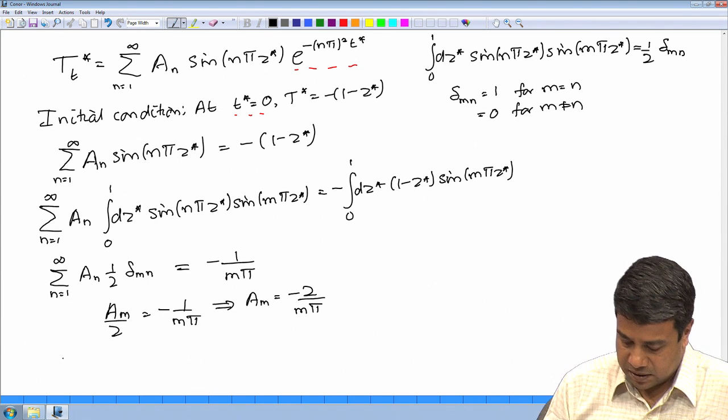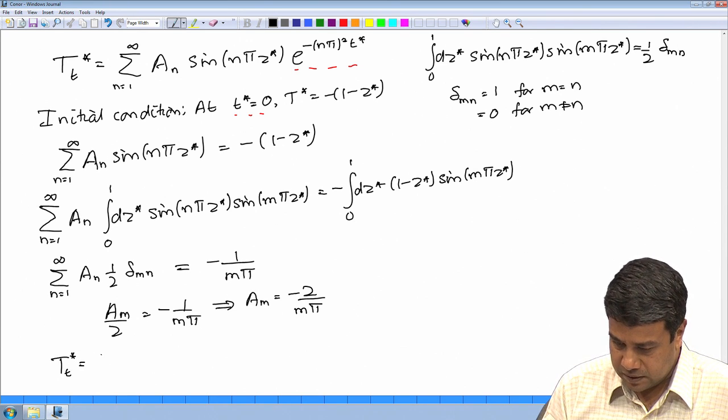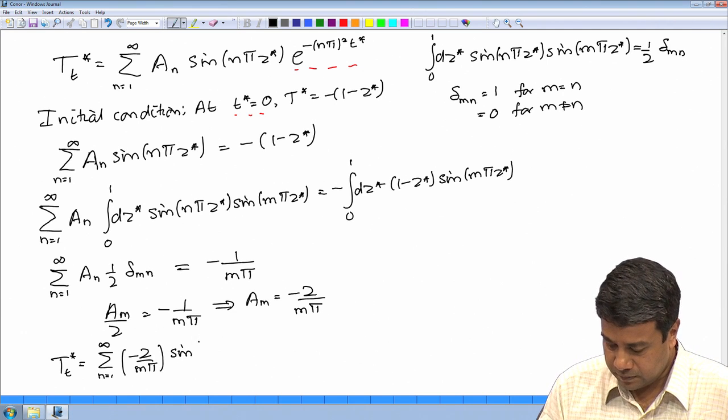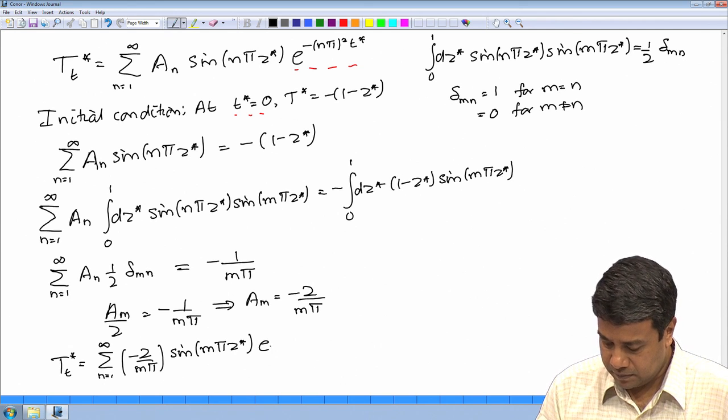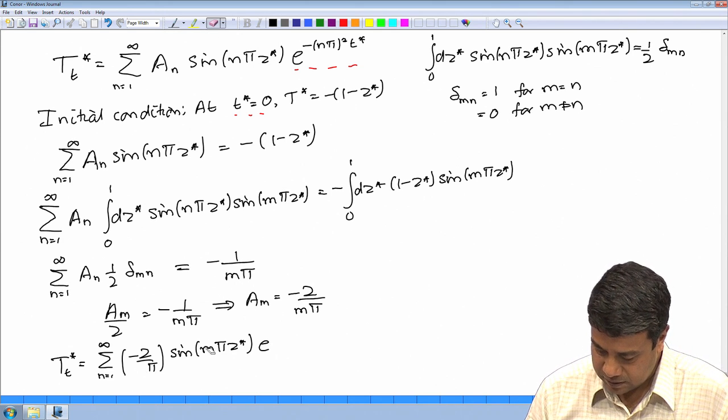So, the transient temperature profile T transient is equal to sigma n equal to 1 to infinity, minus 2 by n pi, I am sorry, I should use n here because I have used n as the index.